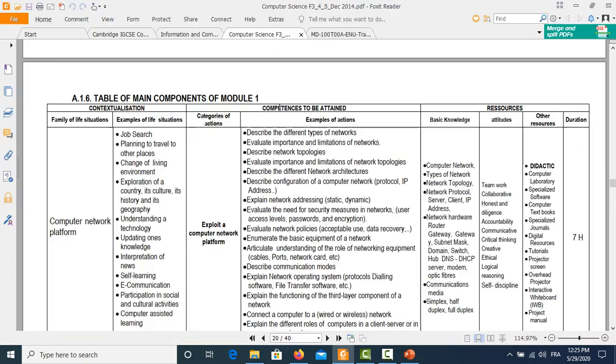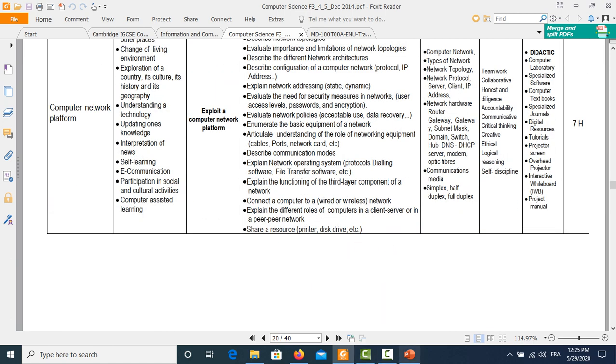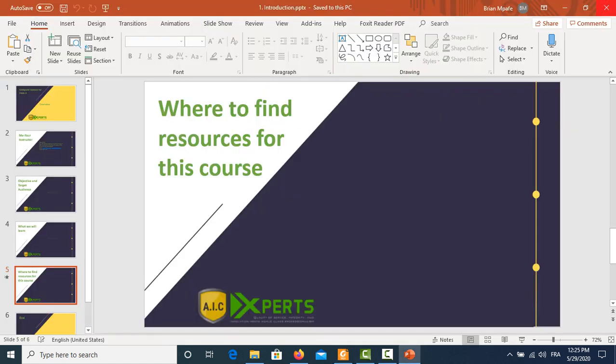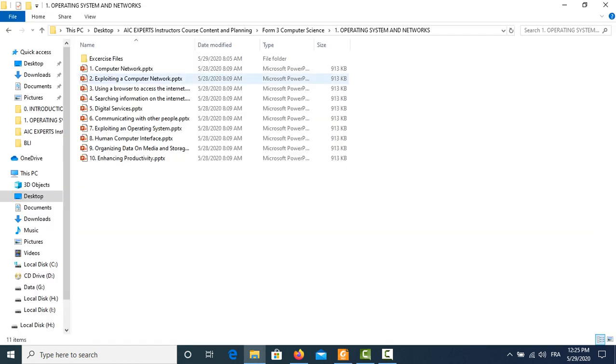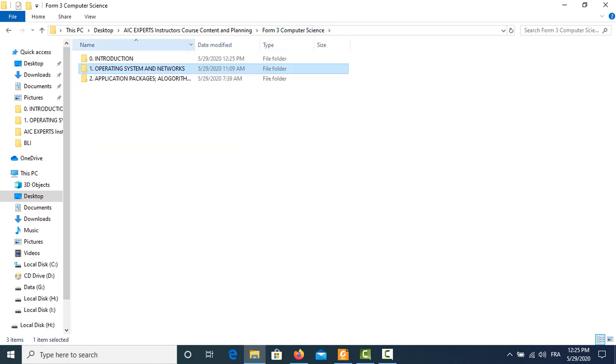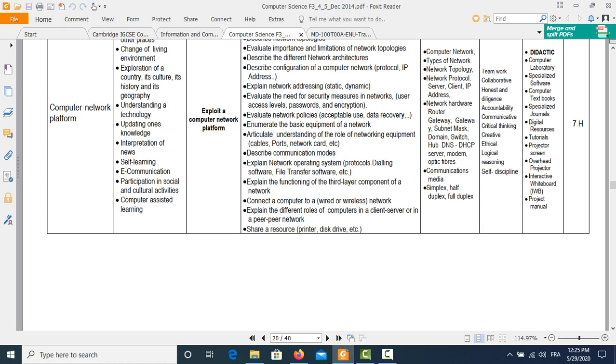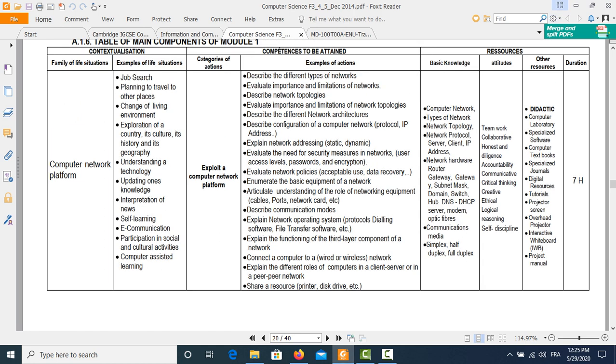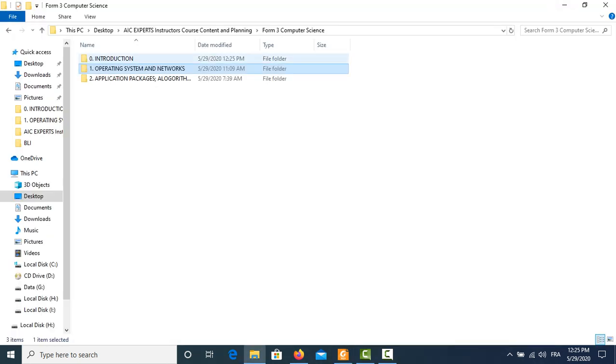All these are the various lessons here, and each of these slides is going to contain the details of each of those lessons and my exercise files. So basically, my step 1 is about organizing my work to match with what the ministry expects as lessons and table of content, kind of.